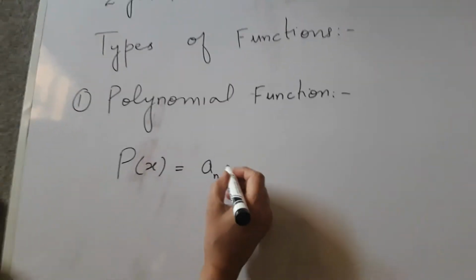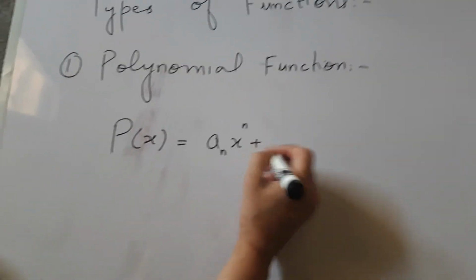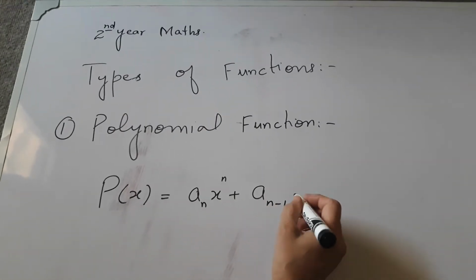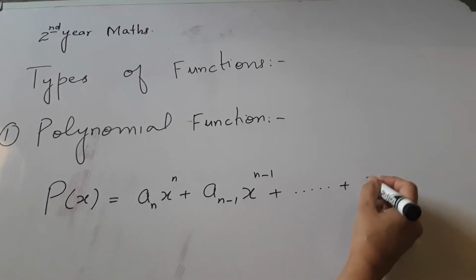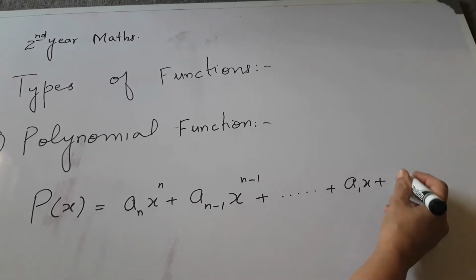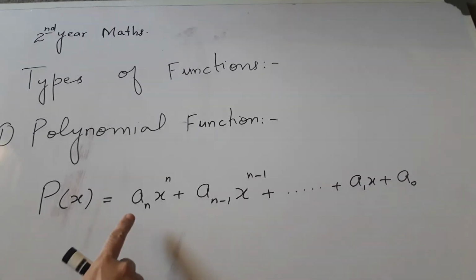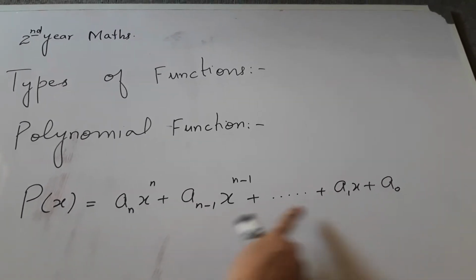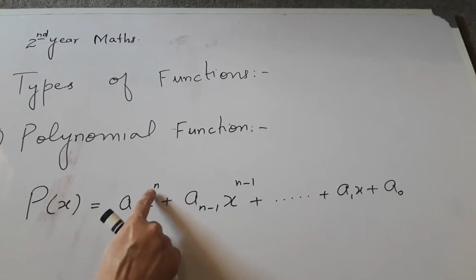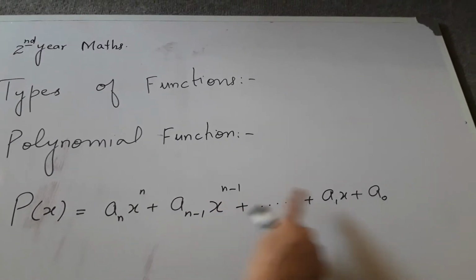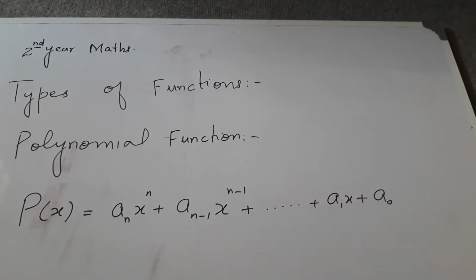Polynomial function is denoted by a and x, where all ai's are coefficients and these are real numbers, x is the variable, and n minus 1 and so on are the powers of x.